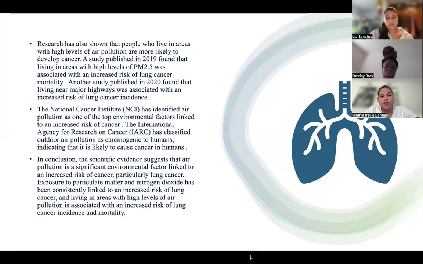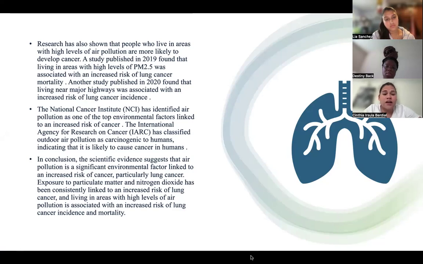Another study published in 2020 found that living near major highways was associated with an increased risk of lung cancer incidence. The National Cancer Institute has identified air pollution as one of the top environmental factors linked to cancer. The International Agency for Research on Cancer has classified outdoor air pollution as carcinogenic to humans, indicating that it is likely to cause cancer in humans.